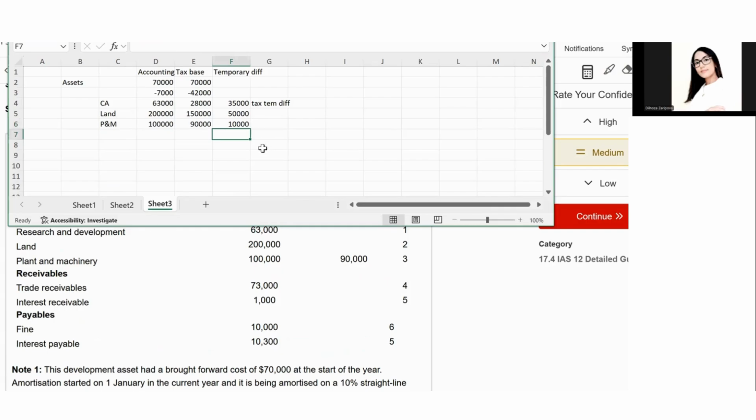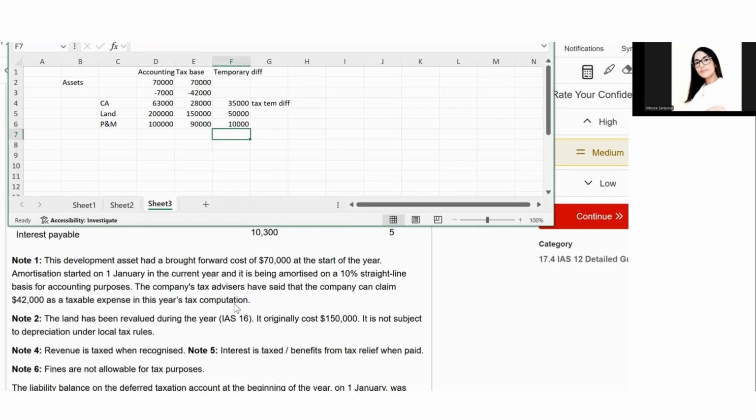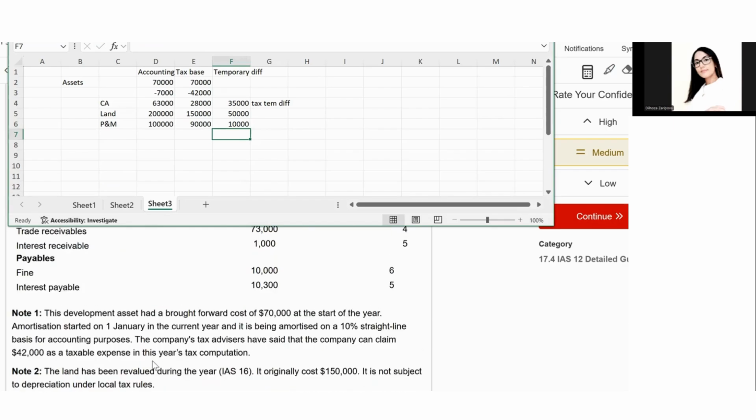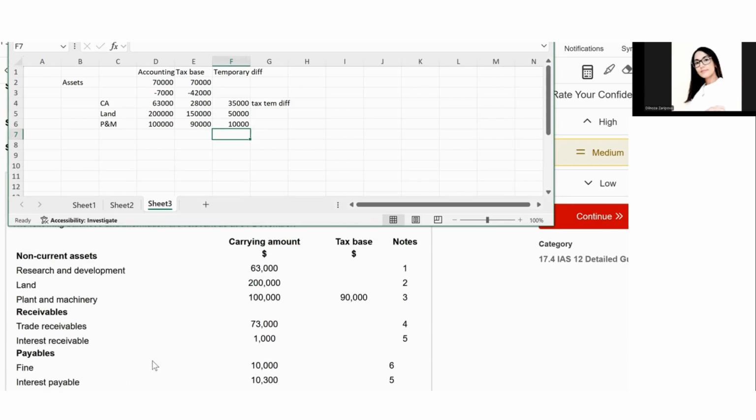Plus. Okay, now we're going to look at the receivables, note 4. Revenue is taxed when recognized. What does it mean? It means that for trade receivables we have the same tax base as in accounting.